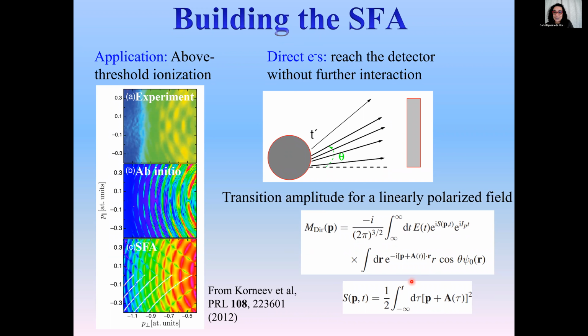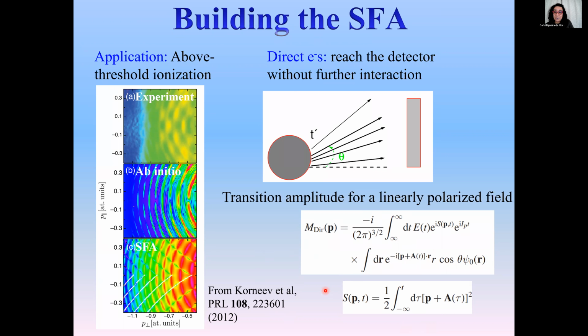You have something that looks like a semi-classical action. You have something associated with the field, which is the interaction we have considered, here in length gauge. And here you have something that gives you information about the bound state of the system, relating to the initial state.